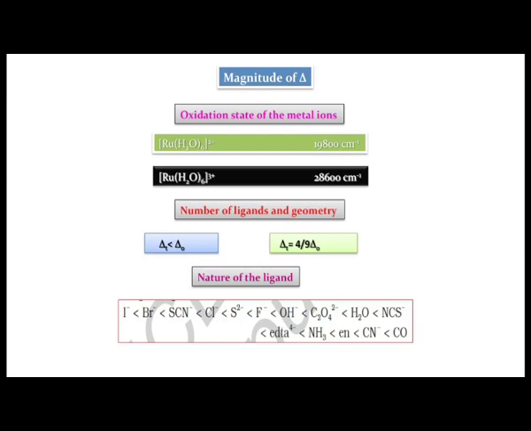So, the cyanide ion, CN minus, is a stronger ligand compared to fluoride. Electronically, how do we consider that when we encounter two compounds with two different oxidation states of the same metal ion? So, the metal ion will also change the magnitude of this delta.